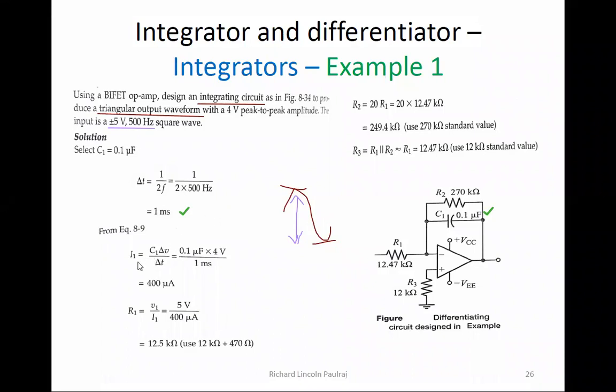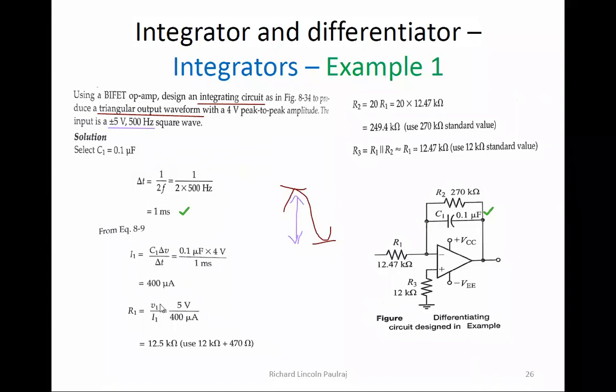Next, I1. What is going to be my current I1? As we saw previously, it is C1 delta V by delta T, the rate of change of voltage with respect to time. But if we are checking the slew rate, then it's going to be delta V by delta T the other way around, so keep that in mind. C1 we have assumed as 0.1 microfarad, delta V is 4 volt peak to peak, and delta T is 1 millisecond.